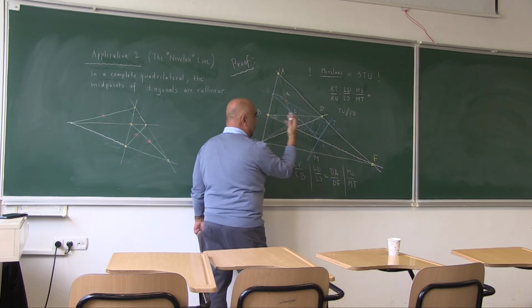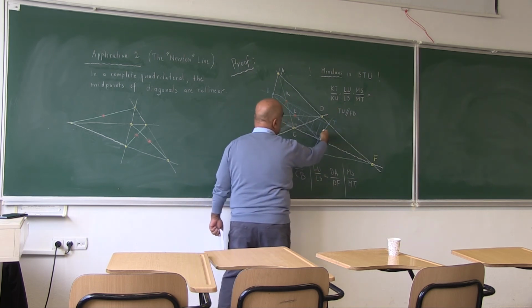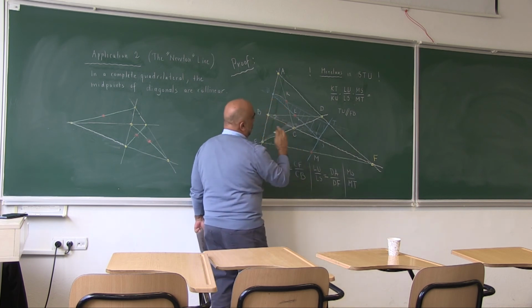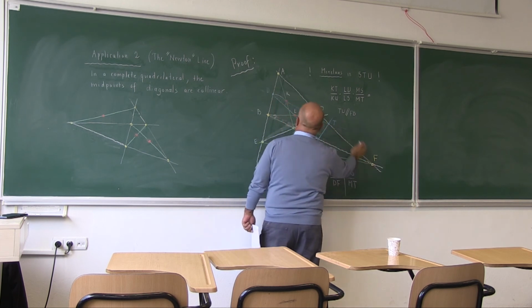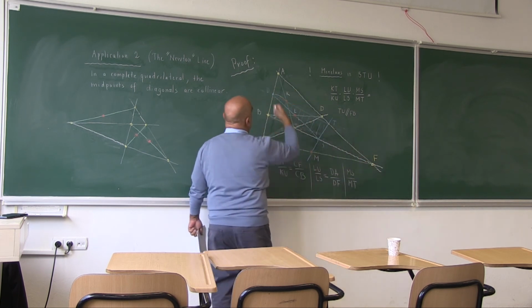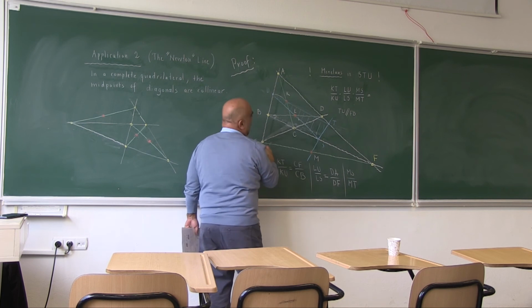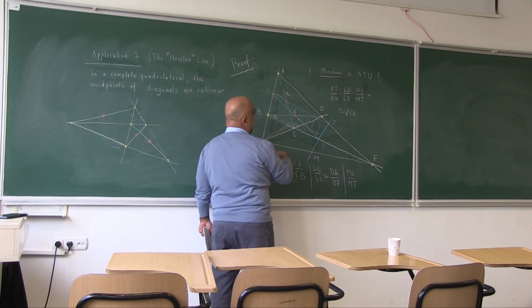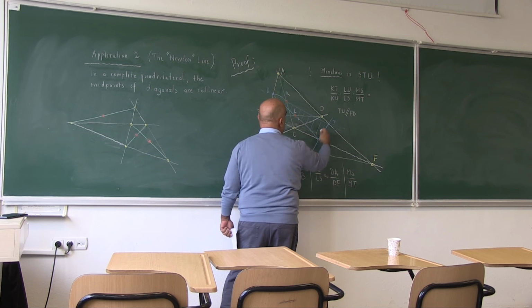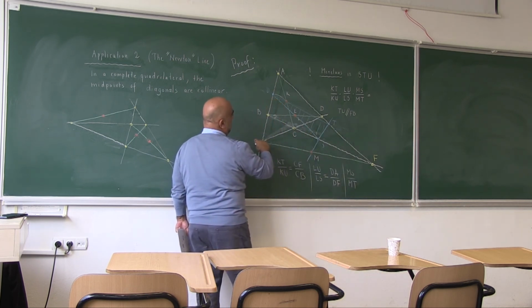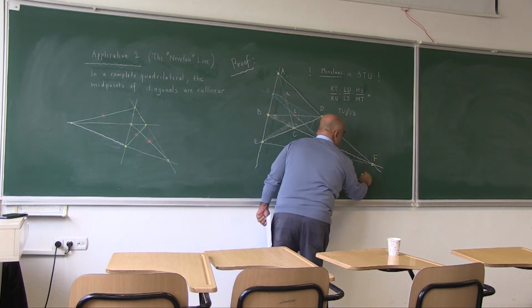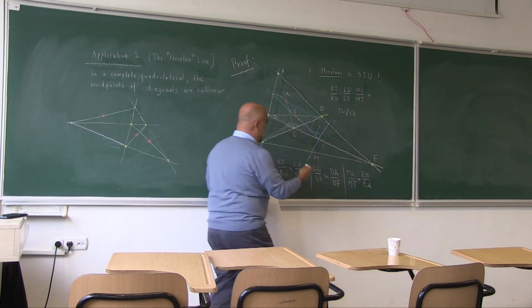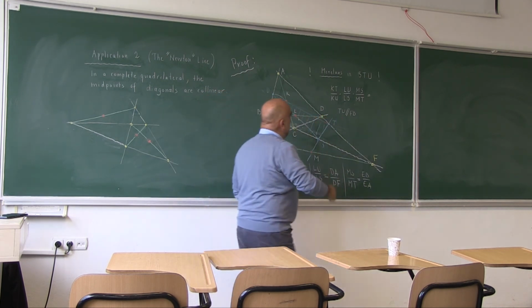Well, of course I can, because ST, being the line joining the midpoint S of FB to the midpoint T of FA, is parallel to the straight line AB, which means that the ratio of MS to MT is exactly the same as EB to EA. Okay, so let's put these all together.